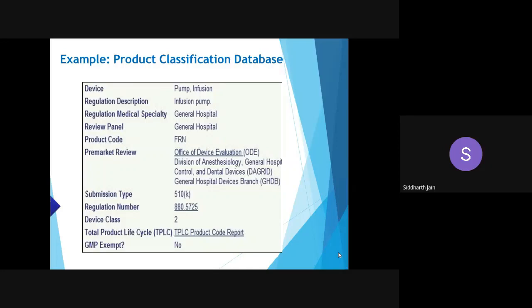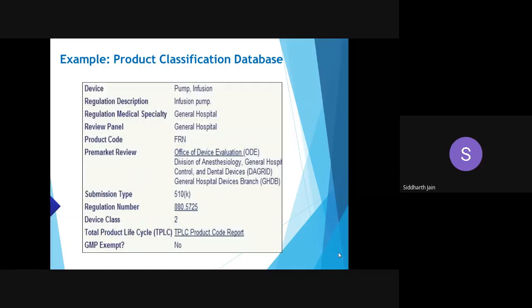Below you can see the submission type is 510K. It means this product, the infusion pump, needs a 510K. It is not 510K exempt. If it were 510K exempt, it would be written here.